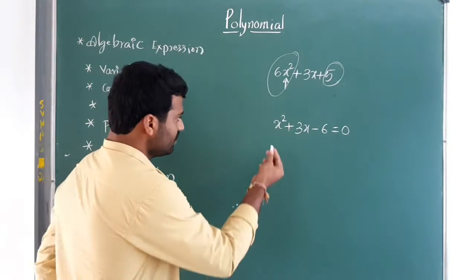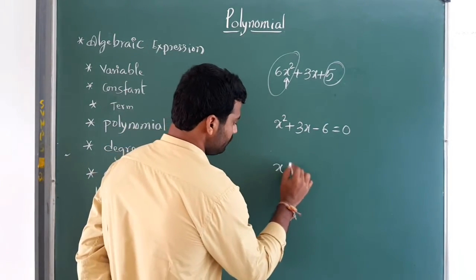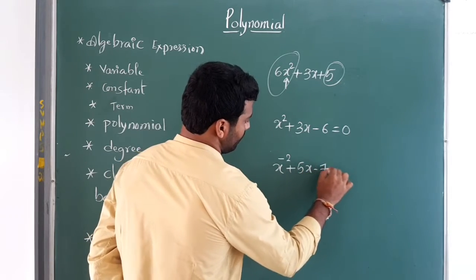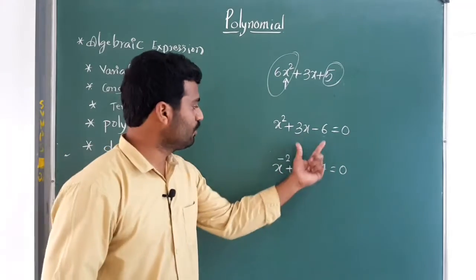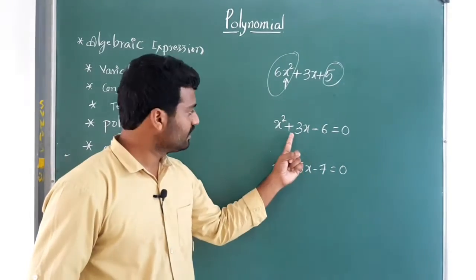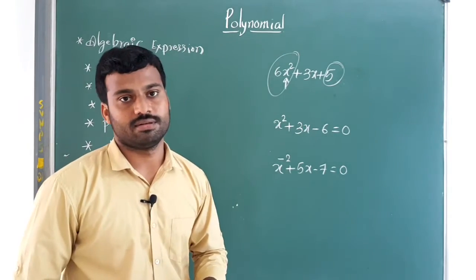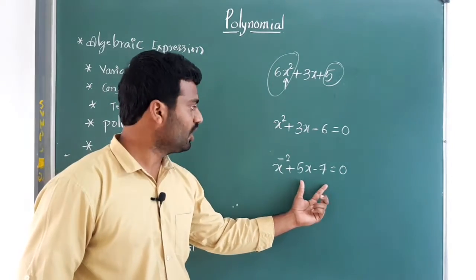Just take one example as this one. One more example I will take: x to the power of minus 2, plus 5x minus 7 is equal to 0. Look at the two examples. This one is a polynomial, but this is not a polynomial. It is an algebraic expression, but it is not a polynomial.